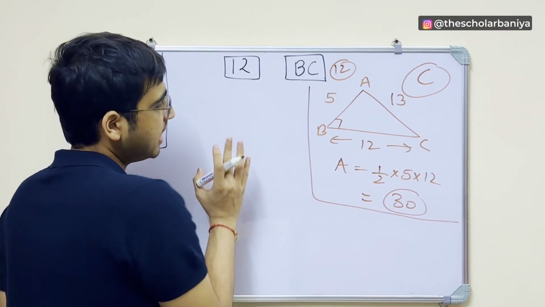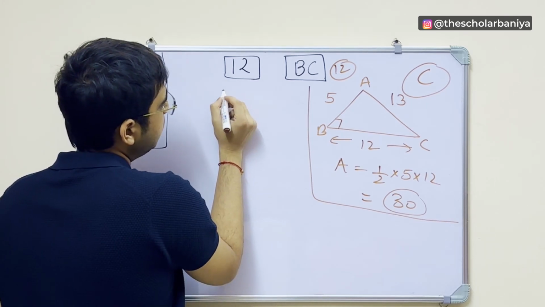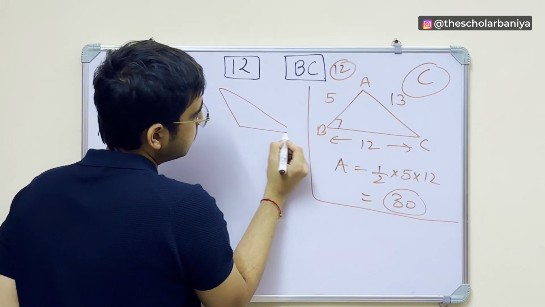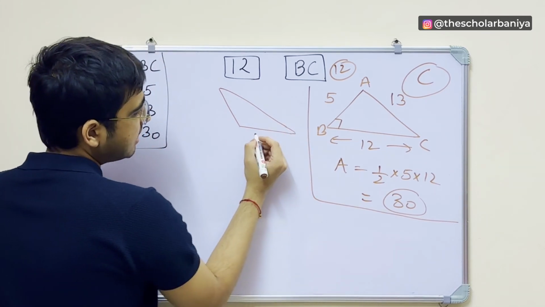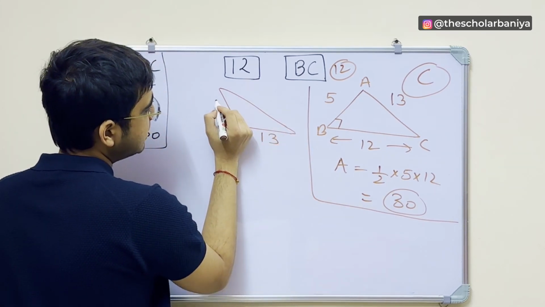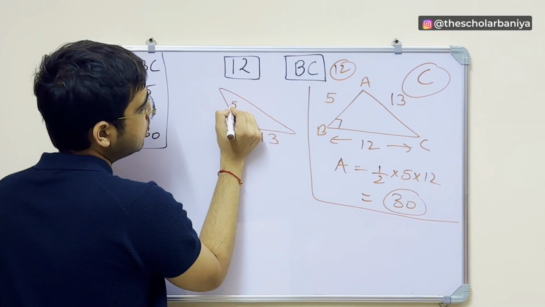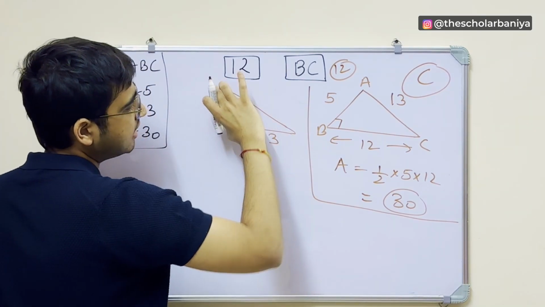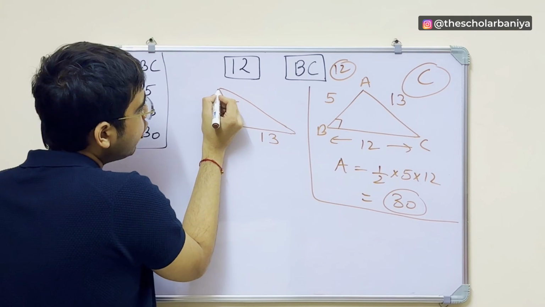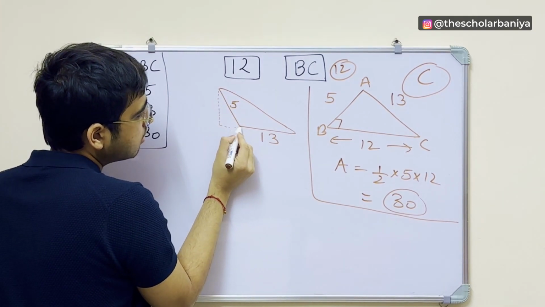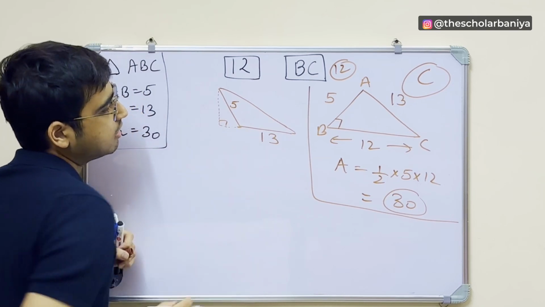Now tell me one thing, there is one more case. For example, if this is the triangle, right? Let's say this is 13, right? And this is 5. So if we drop a perpendicular from here, this is 90, right?